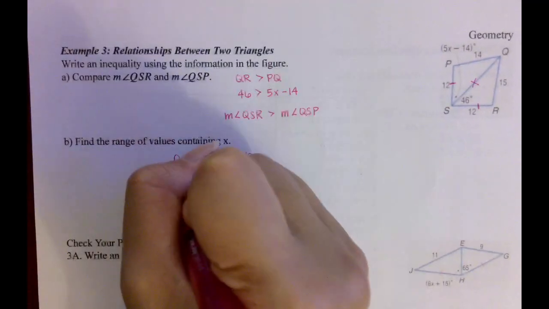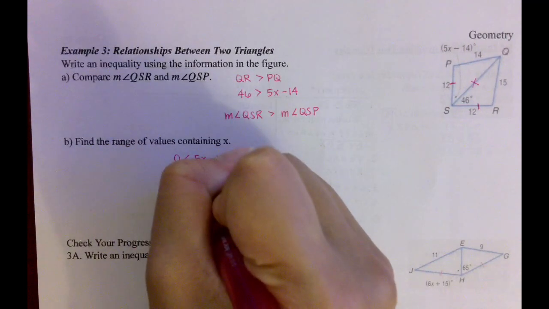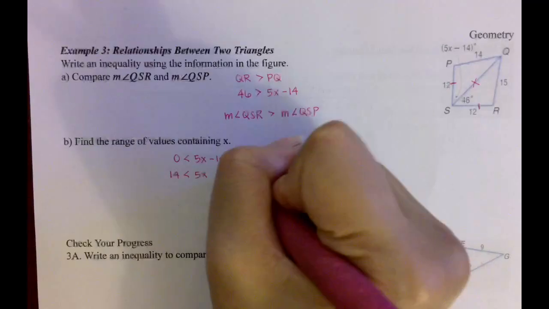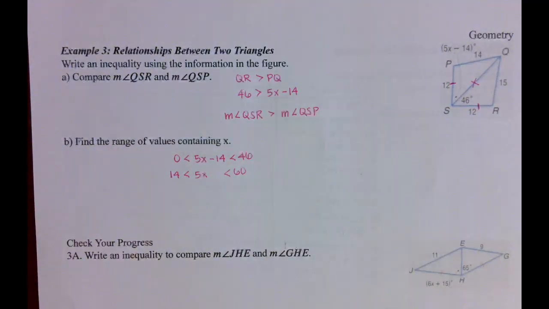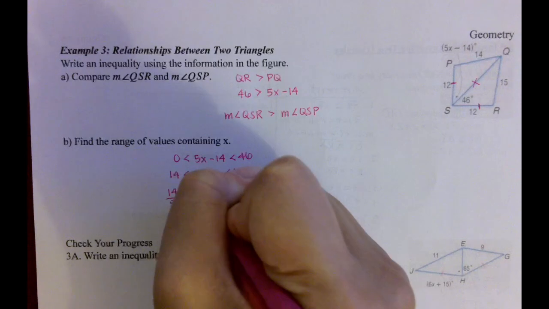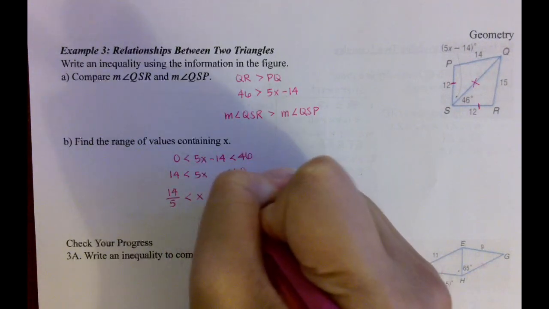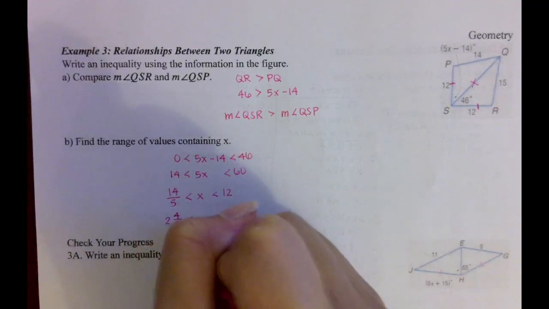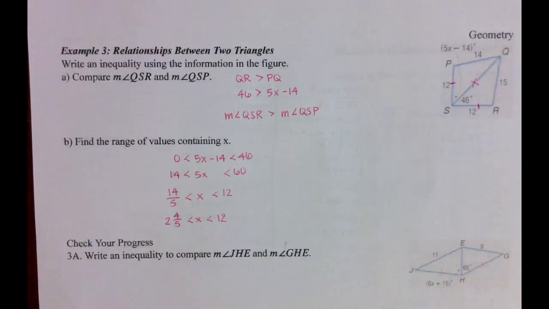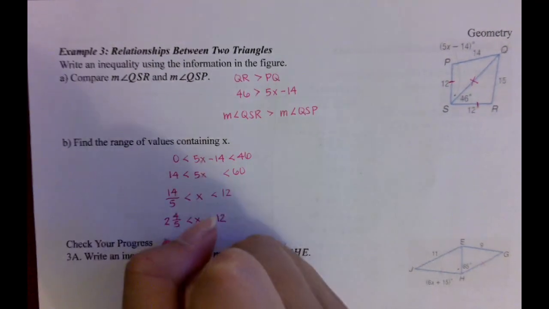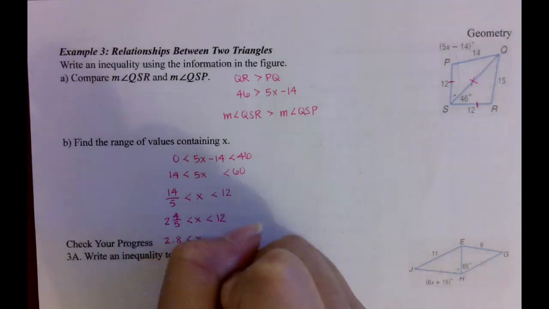I'm going to add 14 on both sides, and then divide by 5. This is 60 divided by 5, which is 12, and 14 over 5, so this is 2 4/5. Or you can also state that as 2.8. Either way is acceptable.